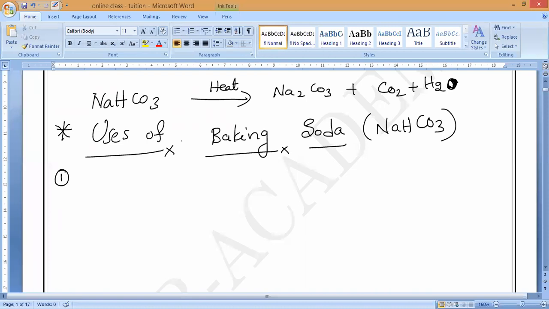So sodium hydrogen carbonate is used as an antacid in medicine, to remove the acidity of the stomach.